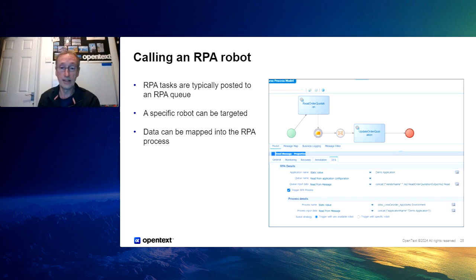Once we receive that signal, it goes to the update order quotation step, which updates process automation's data with the return value from the robot. So it's very easy to integrate. And we see that pattern; that's typically how people work with RPA when they also have process automation.